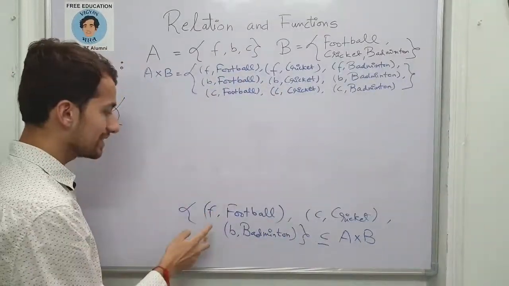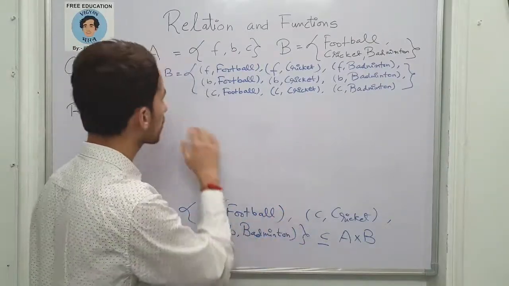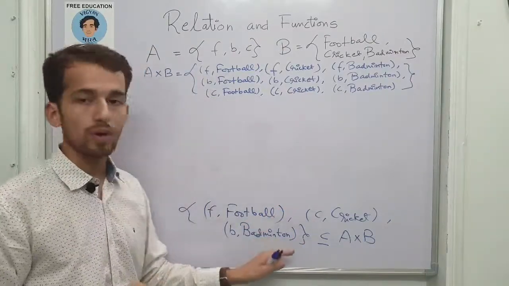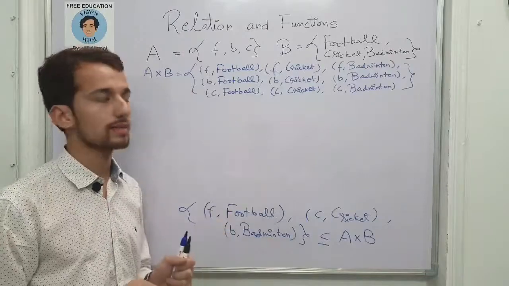We have chosen only these 3 ordered pairs out of the given set, which is of course a subset of the original set.